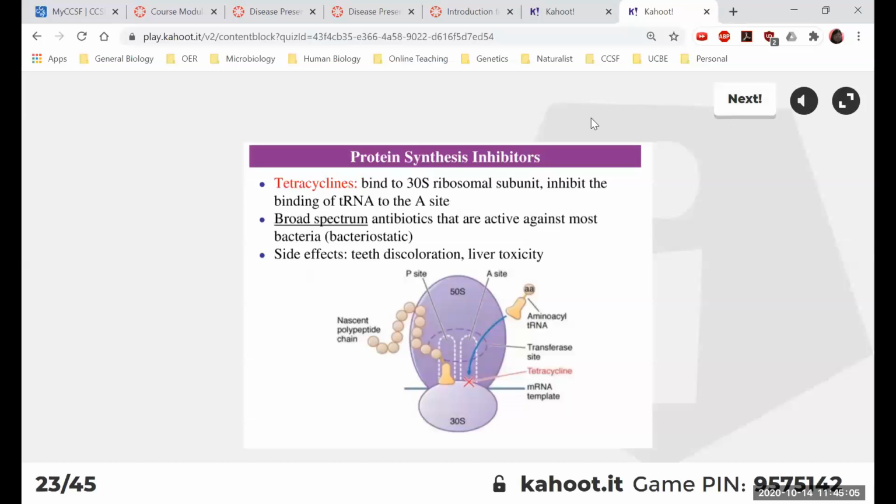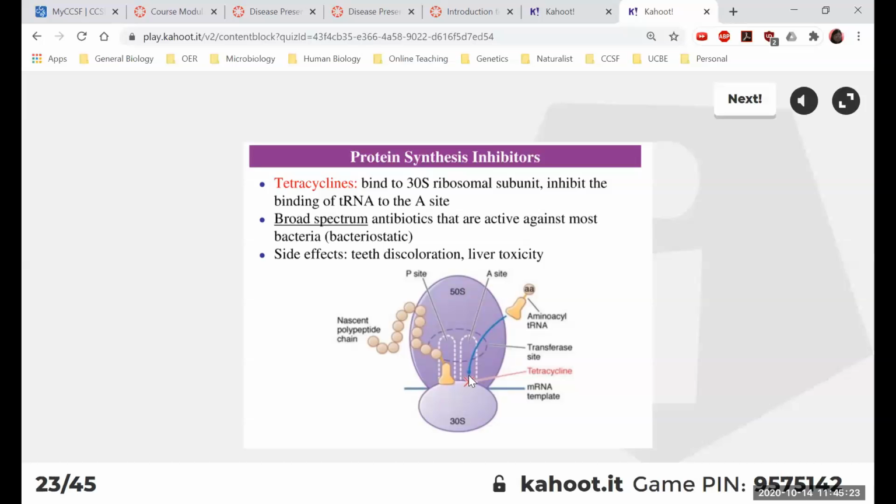Another drug that also targets the small subunit is tetracycline, but tetracycline has a slightly different mechanism. When tetracycline targets the ribosome, it literally prevents any incoming tRNA from going into the A site.